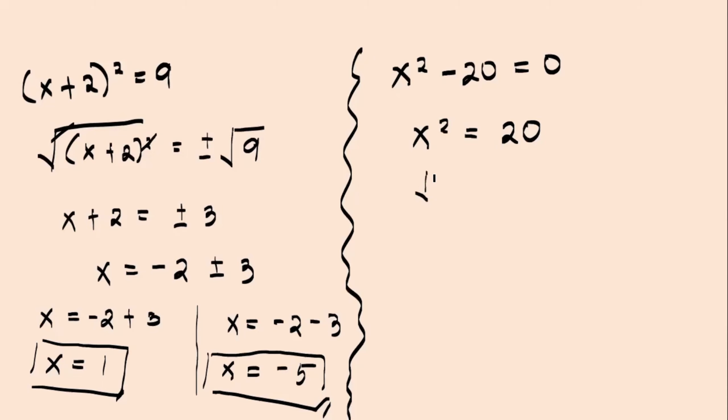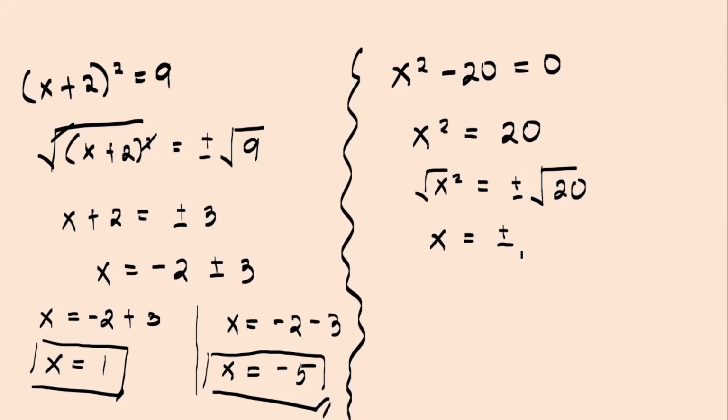So square root or positive negative square root of 20. So that is x is equal to positive, negative. Yung 20 ba, is it a perfect square? Okay, so 20 is not a perfect square, pero meron tong factor na pwede nating kunin yung square root niya.